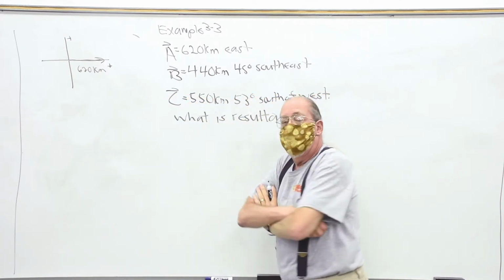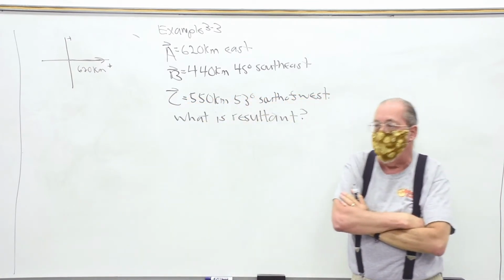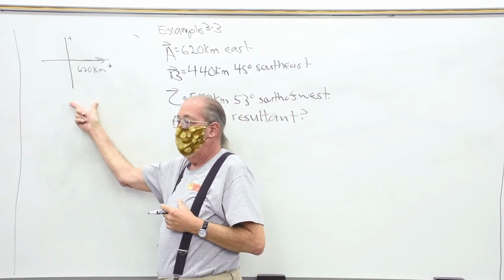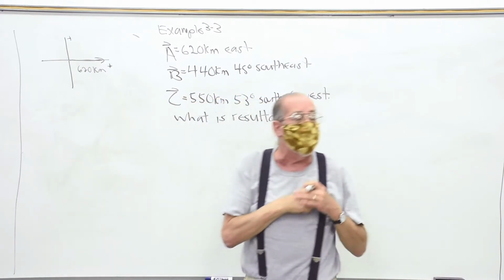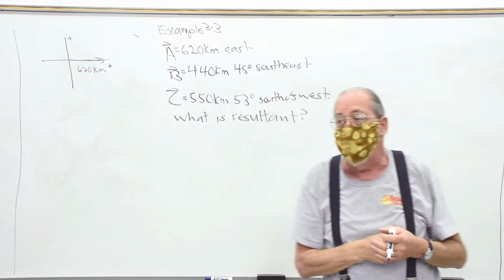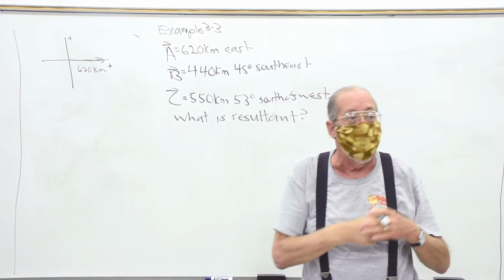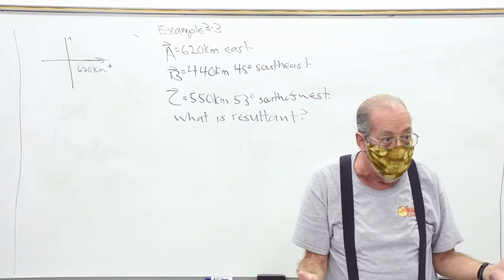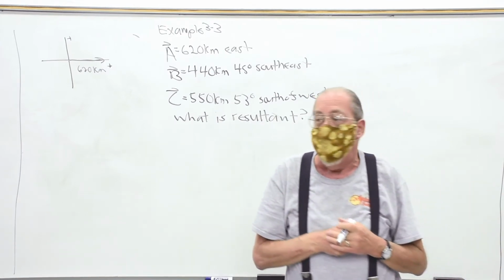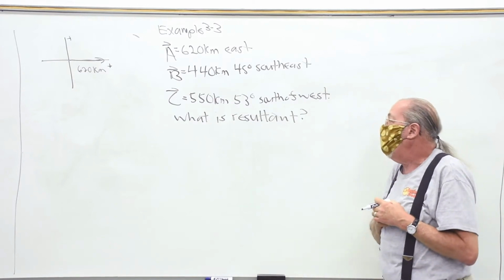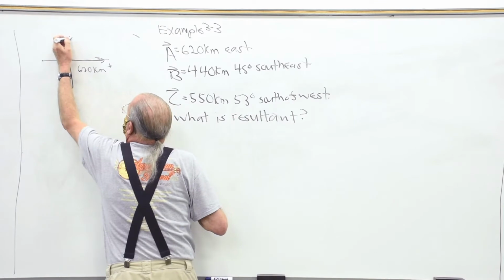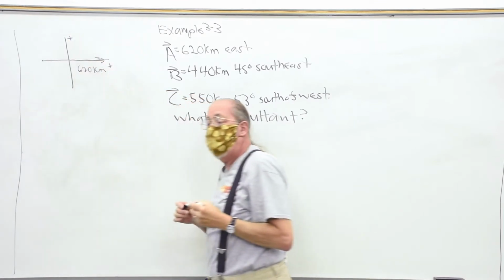What you must learn is to look at the diagram and by inspection determine whether the components are positive or negative or possibly zero. By inspection. The method that I use here always involves using angles that are less than 90 degrees.